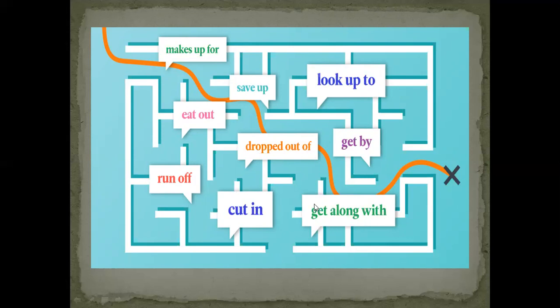You can see that here we have a main verb, then a preposition, maybe two prepositions, maybe adverb and preposition, so maybe there are three words together to make a phrasal verb, and there are two words together.